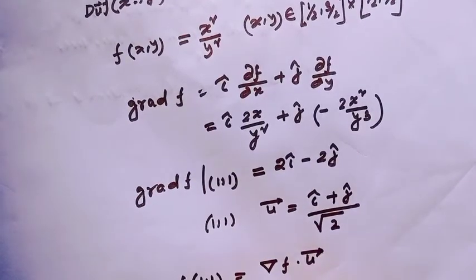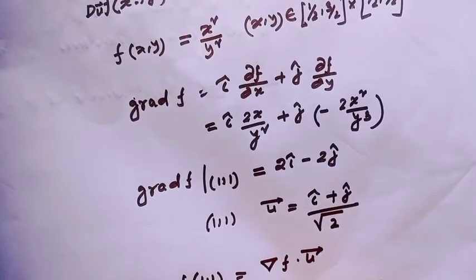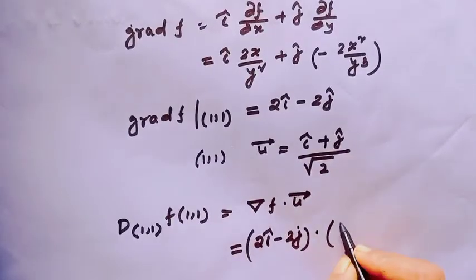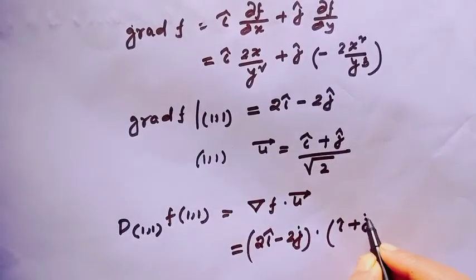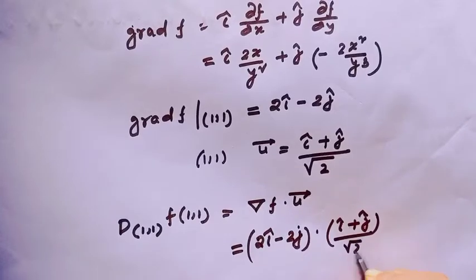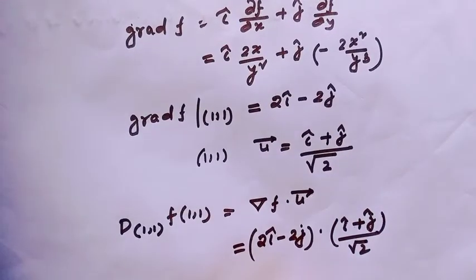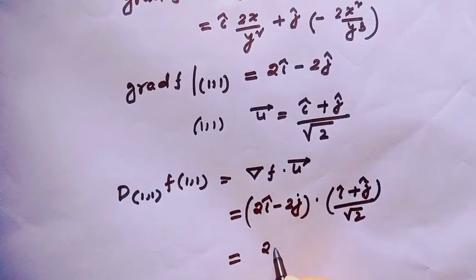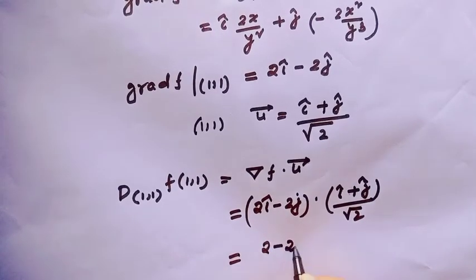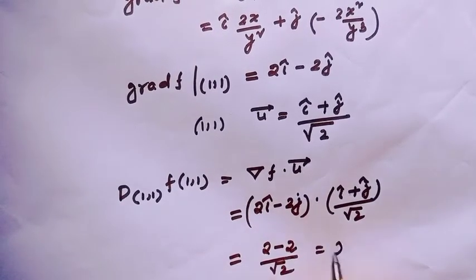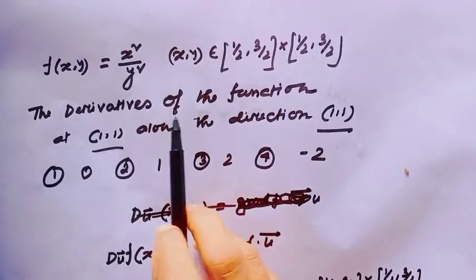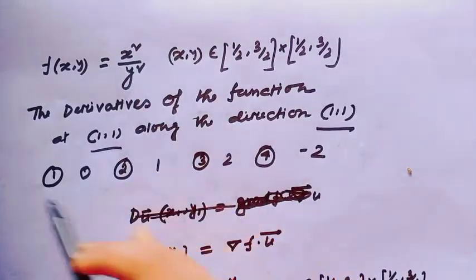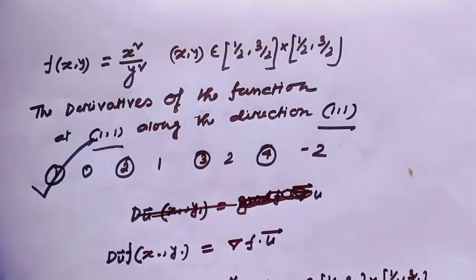So this value equals (2i - 2j) dotted with (i + j)/√2. After calculating, this value equals (2 - 2)/√2, which is equal to 0. Therefore, the directional derivative of this function is 0, and option 1 is the right option.